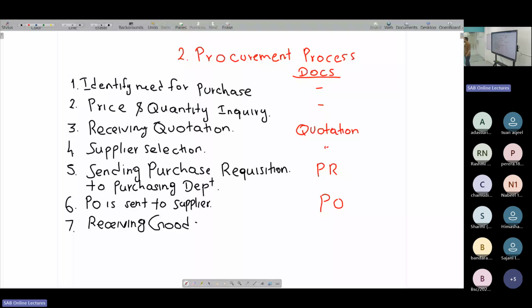Receiving goods. What's the document? Dispatch note. This is the dispatch note. GRN, goods receipt note.